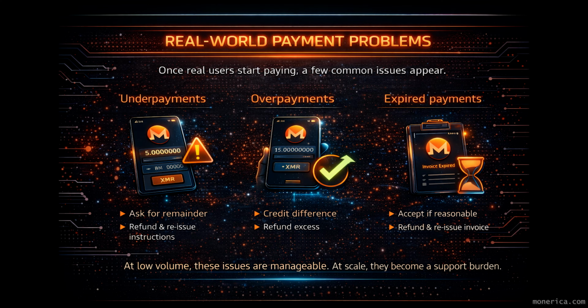These are typically handled by crediting the difference or refunding the excess. Expired payments happen when a customer pays after the price or invoice window has changed. These are usually handled manually by accepting payment, if reasonable, or refunding and issuing a new invoice. At low volume, these problems are manageable. At high volume, they become a support burden.